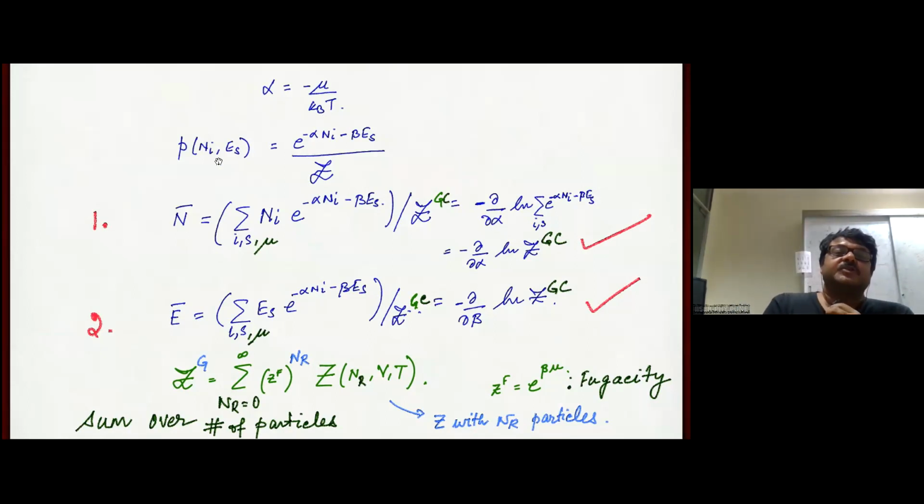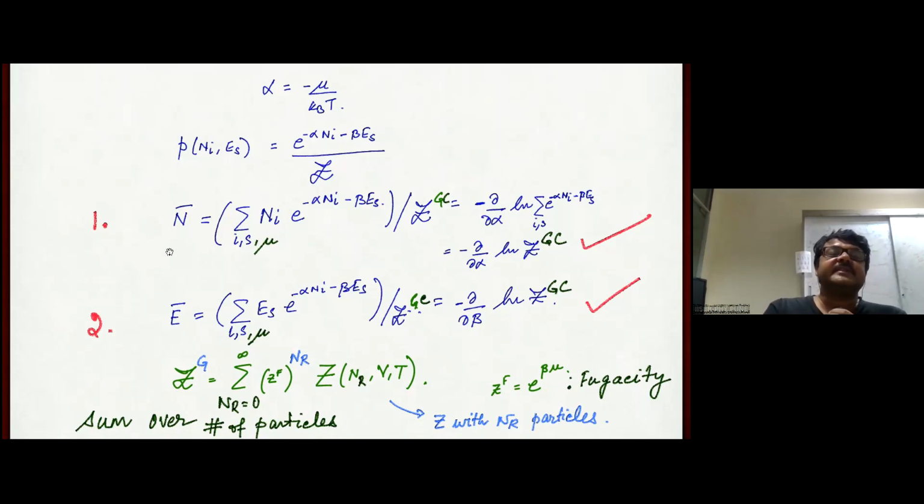And then you could also write the probability of accessing a microstate, e to the power minus alpha Ni minus beta Es, because alpha already has this beta term, right? So you can write it like this, divided by the grand canonical partition function. There should be a GC here, right?